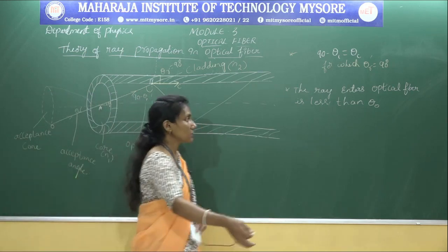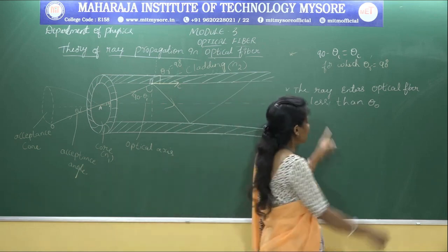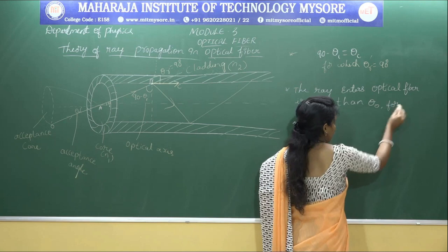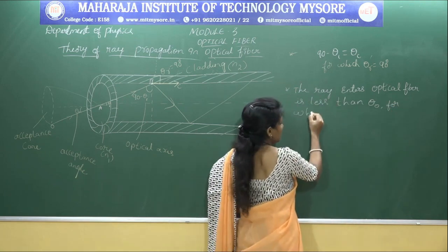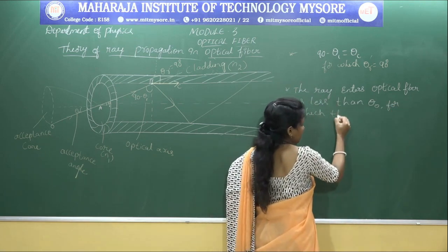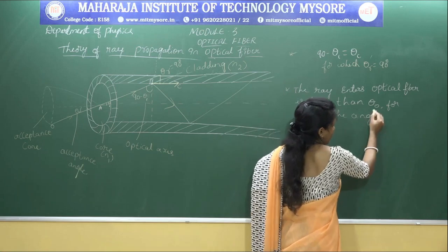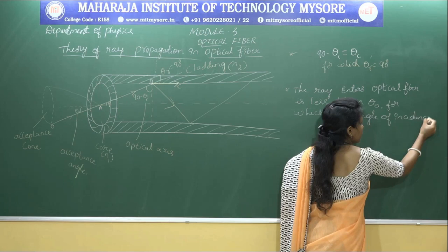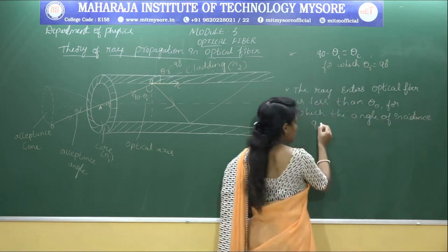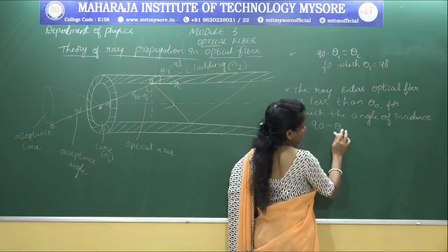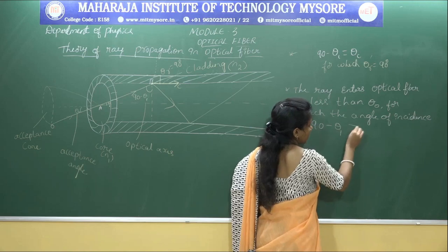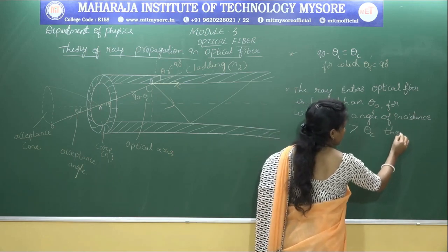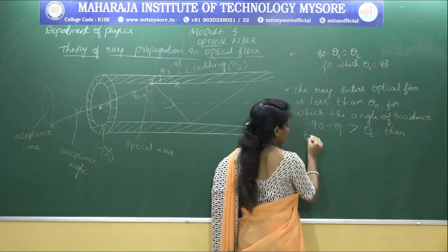For the ray that enters the optical fiber at less than theta naught, the angle of incidence 90 minus theta 1 is greater than the critical angle. So then the total internal reflection takes place.